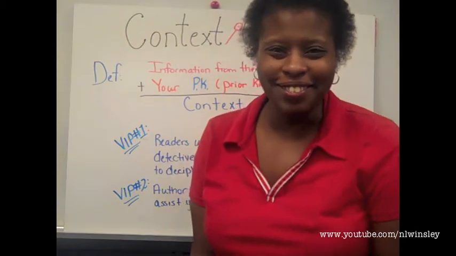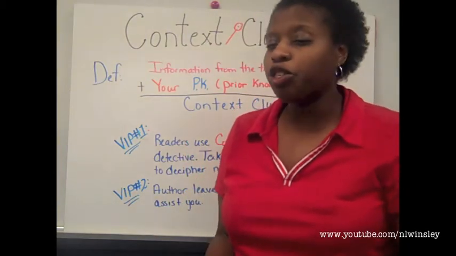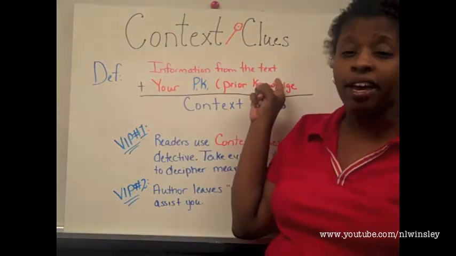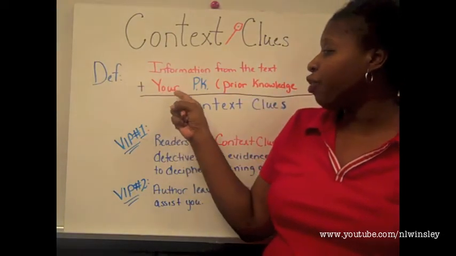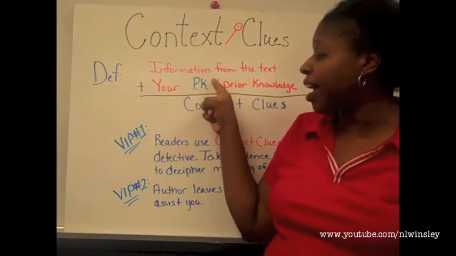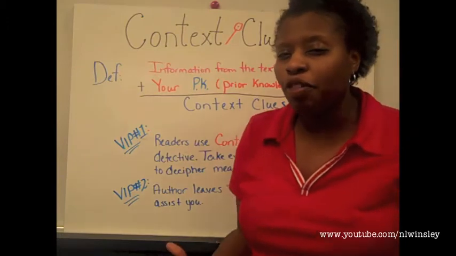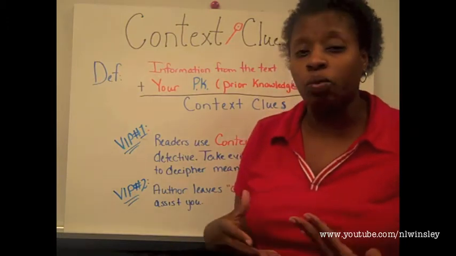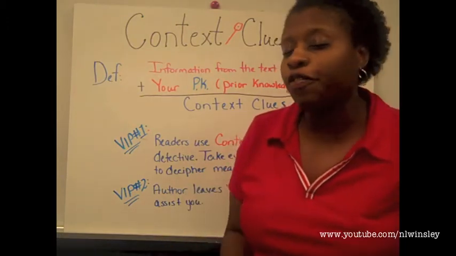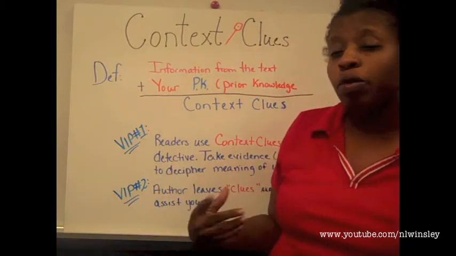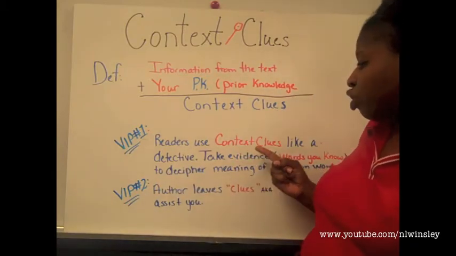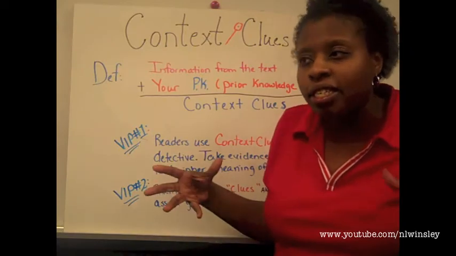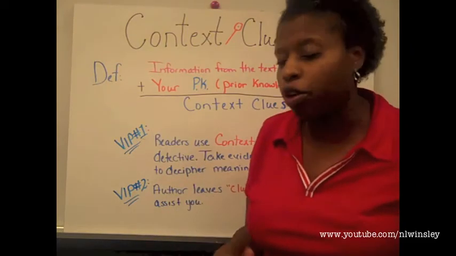Utilizing context clues. Context clues are where you take the information from the text and add it with your prior knowledge, or your PK. Now, there are two important VIPs when dealing with context clues. The first VIP is to realize that you as the reader use context clues like a detective uses and gathers evidence to solve the crime.